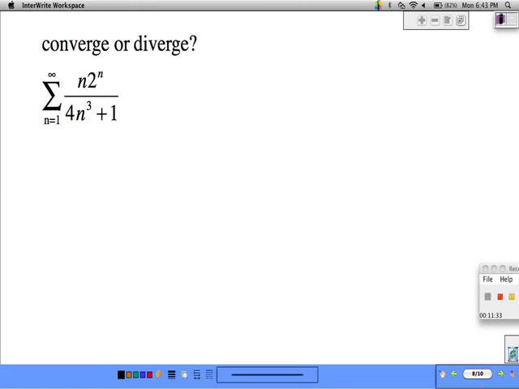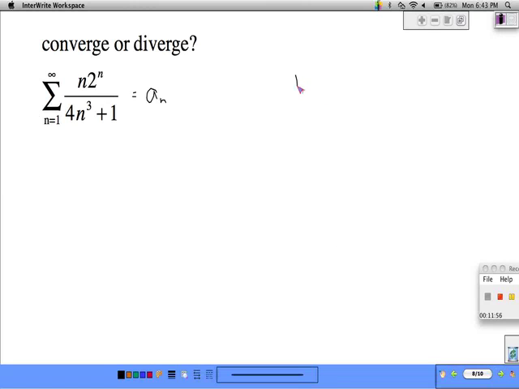Another example. We'll let this be our a sub n. We want to compare this to something that we're familiar with, and also that's related to this, so that ideally some stuff can cancel out.